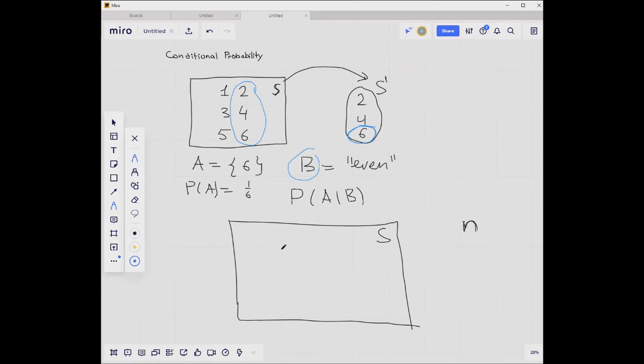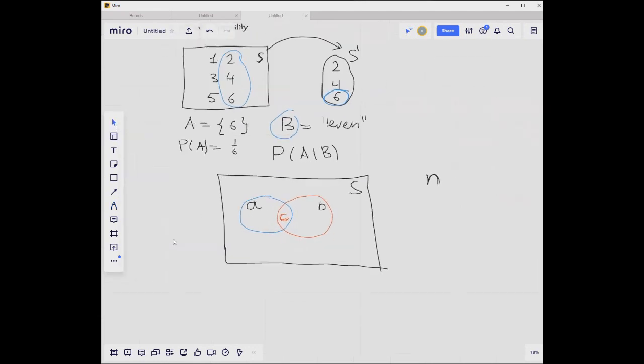We have an event A and event B. Let's assume that there are a outcomes in event A, b outcomes in event B, and c outcomes in their intersection. Let's say we are looking for the probability of event A given B, the probability of event A given that we know that event B has occurred.